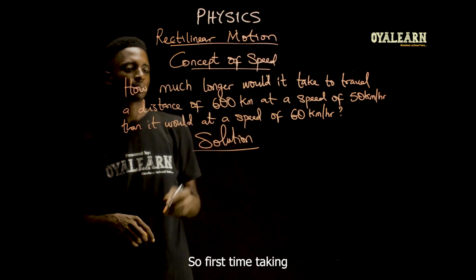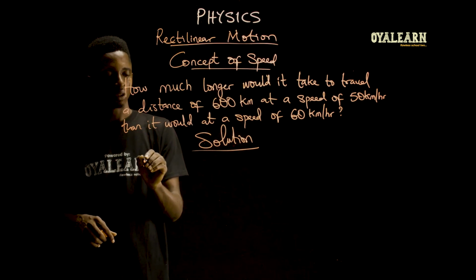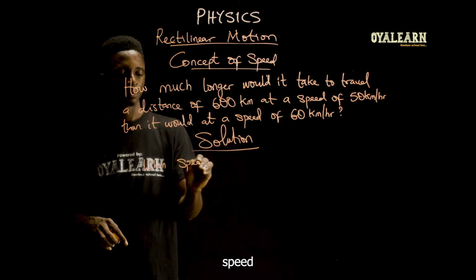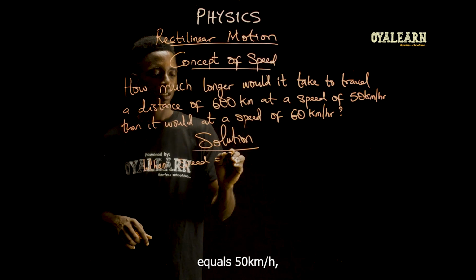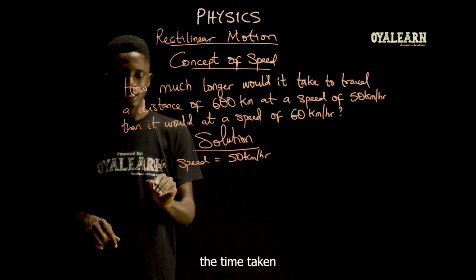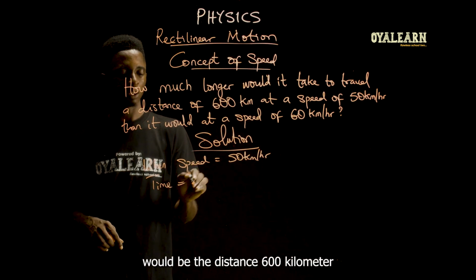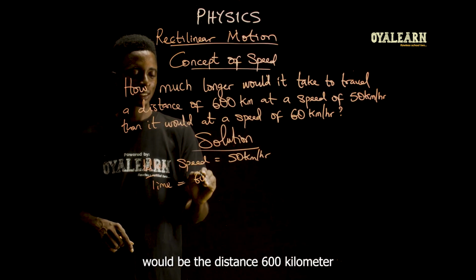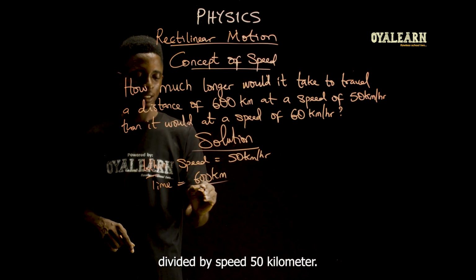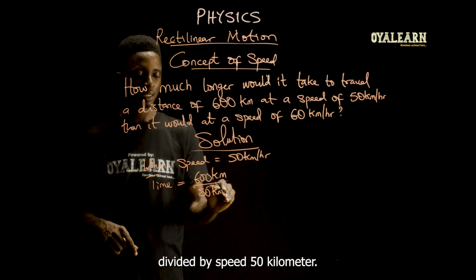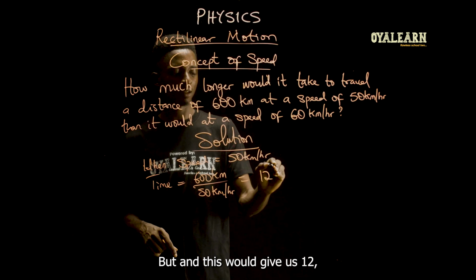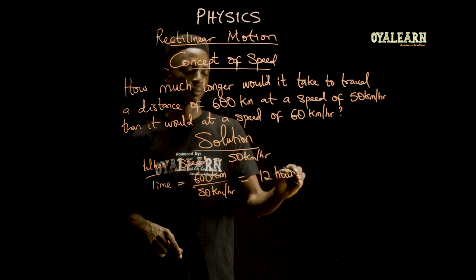So first, time taken. When speed equals 50 kilometers per hour, the time taken would be the distance 600 kilometers divided by speed 50 kilometers per hour, and this would give us 12 hours.